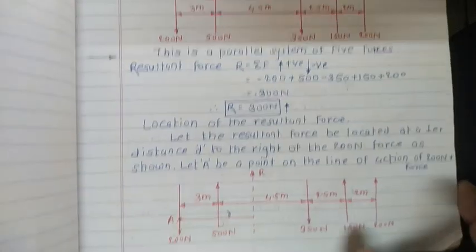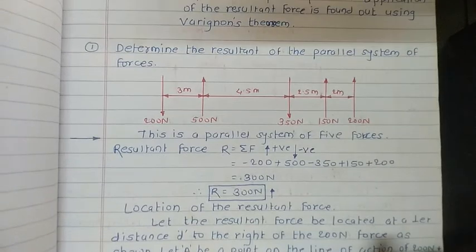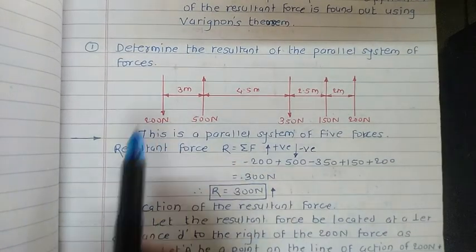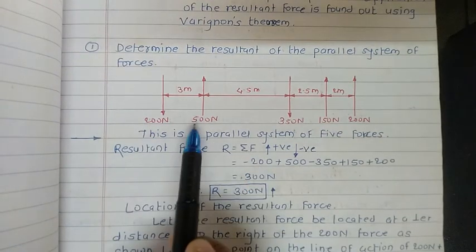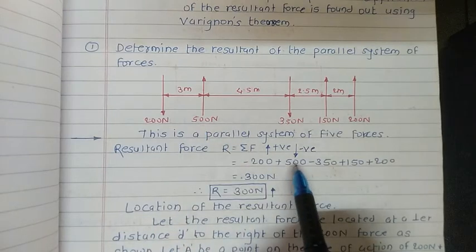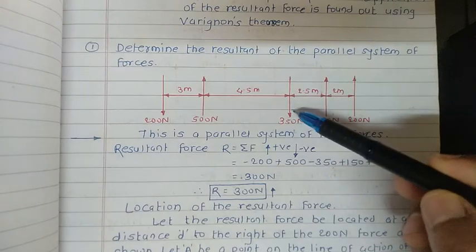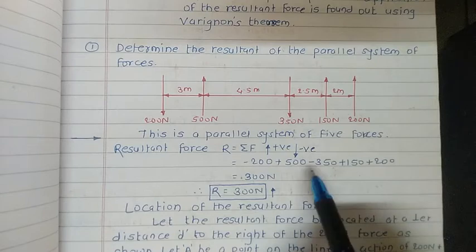In the first step, by considering the direction of every force, we can get the resultant force like this. The 200 Newton force, consider the negative sign. Similarly, the next one, 500 Newton force, consider the positive sign. The next force acts vertically in the downward direction, so you need to consider it as negative: minus 350.